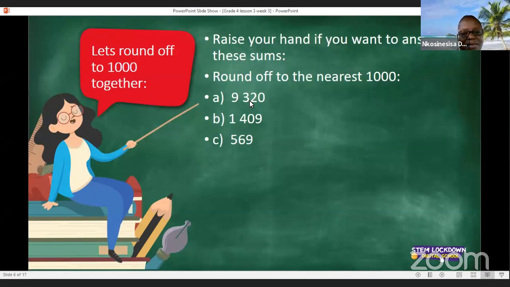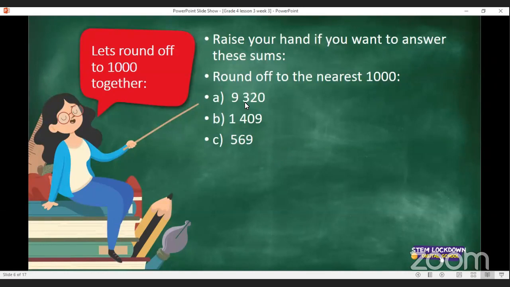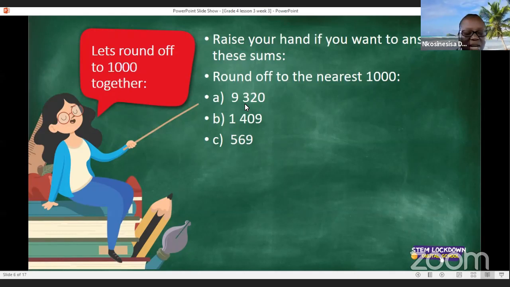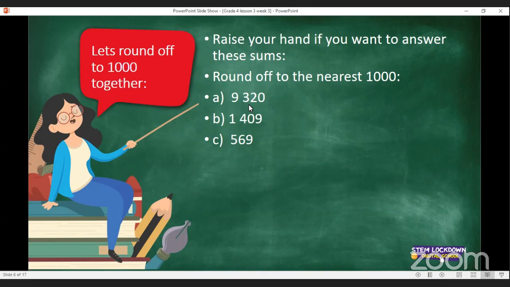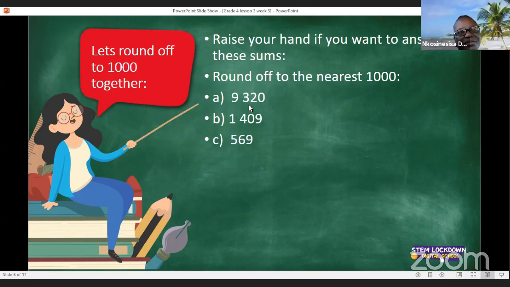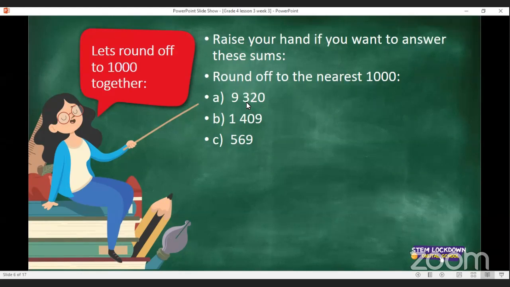Do we still have you there? Yes. Okay, so we'll ask ourselves, is 3 smaller than 5? Is 3 smaller than 5? No. Which number is bigger between 3 and 5? 9. No, between 3 and 5? 5.